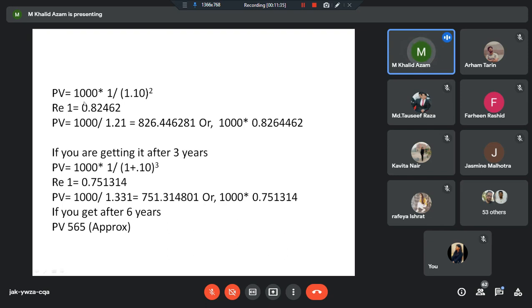Okay. So what is the position now? 1000 you are getting, and you are getting it after 2 years. So 1 divided by 1 plus R, that is 10%, so 0.10, and you are getting it after 2 years.